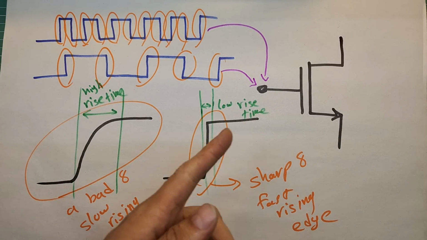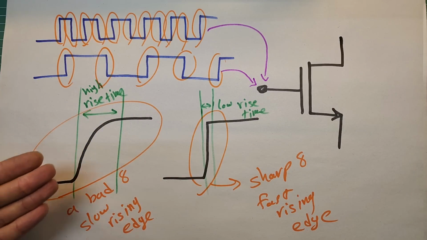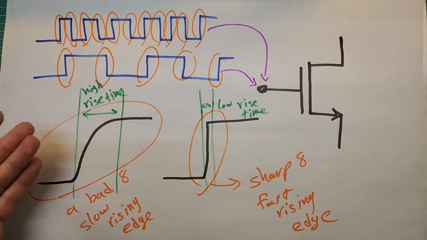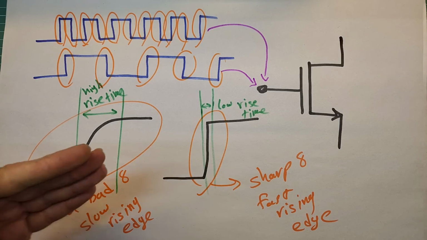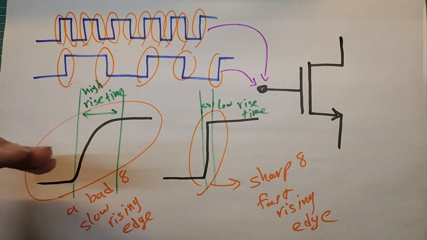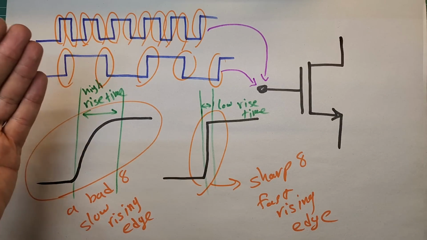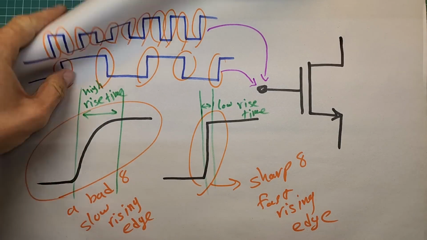If you look closer at these edges, you will find out that raising a low signal to a high signal or vice versa is a time-consuming process. Rise time or fall time refers to the time it takes to switch the voltage from low to high or high to low: from a lower voltage to an upper voltage in the case of rise time, or from an upper voltage to a lower voltage in the case of fall time.